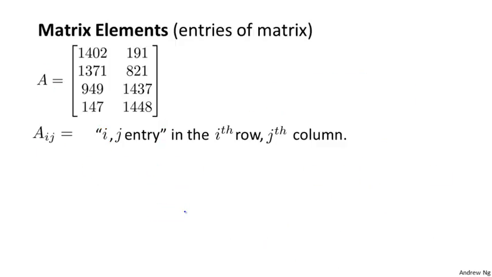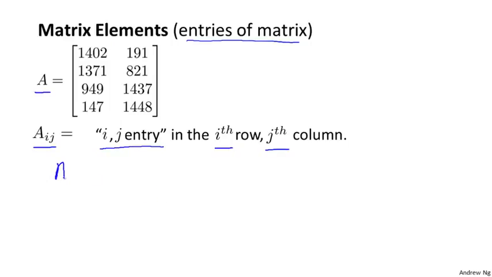Next, let's talk about how to refer to specific elements of the matrix. By matrix elements, I just mean the entries, or the numbers inside the matrix. In the standard notation, if A is this matrix here, then A subscript ij refers to the i, j entry, meaning the entry in the ith row and the jth column.